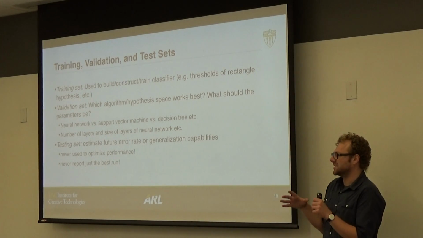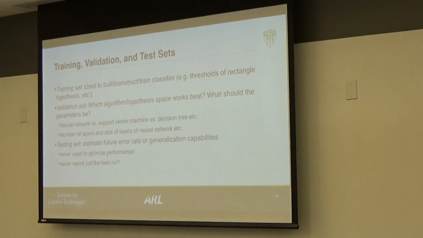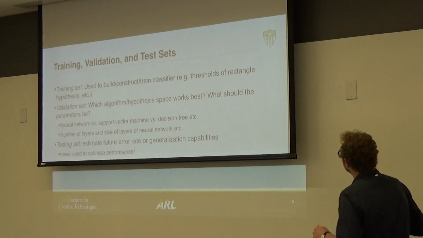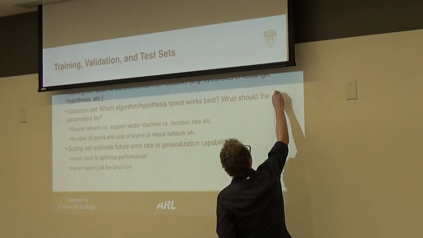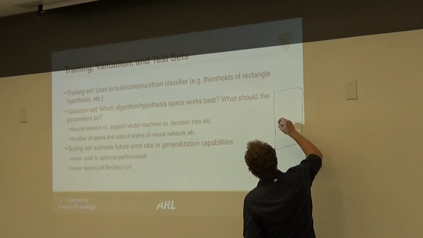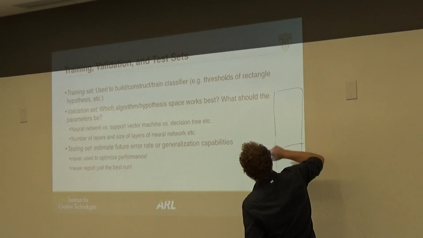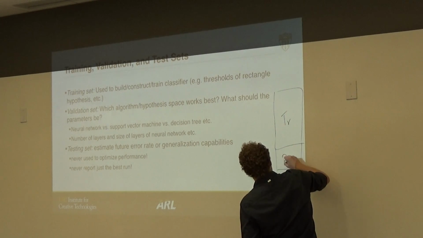What you can do is basically, let's just do it now. So if this is your entire data set, you can declare this the training set, this the development set or validation set.